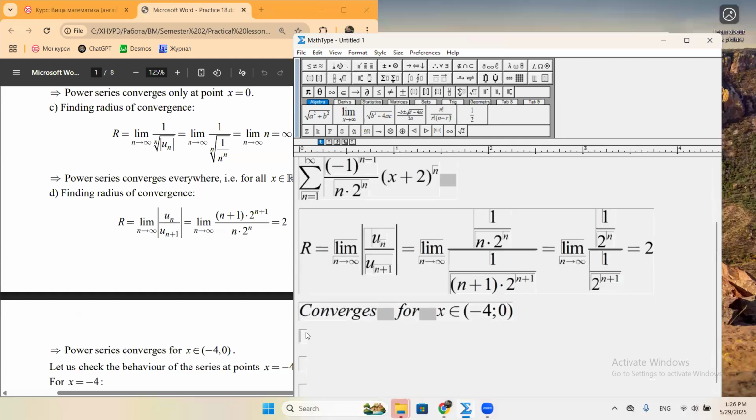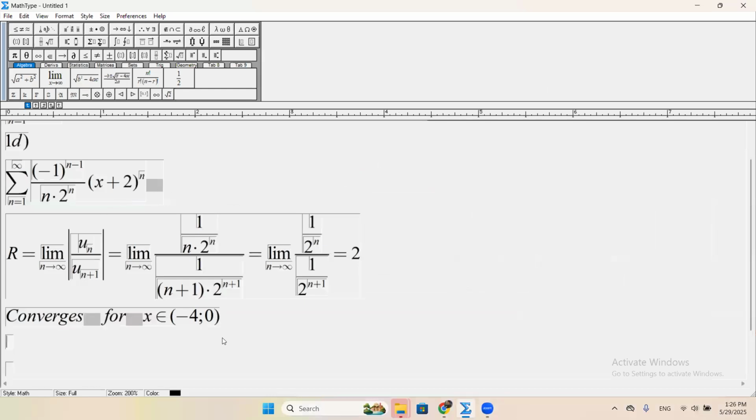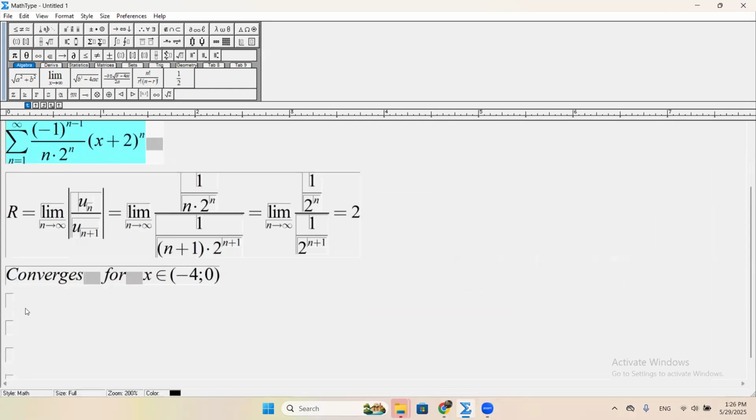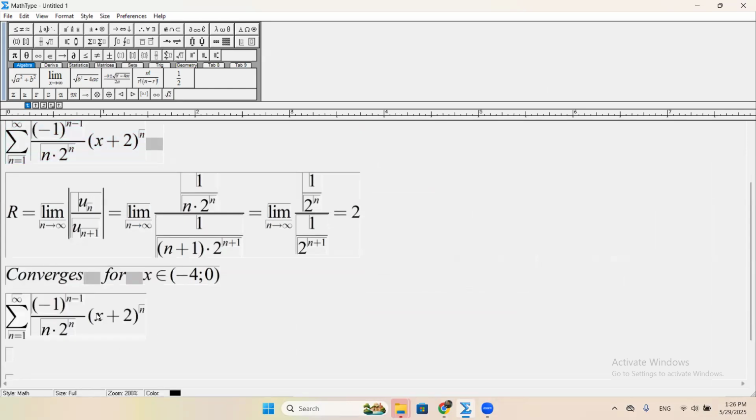And again, we investigate its behavior at these points. So, substituting minus 4. So, minus 4 minus 2 will be equal to minus 2 in power of n.